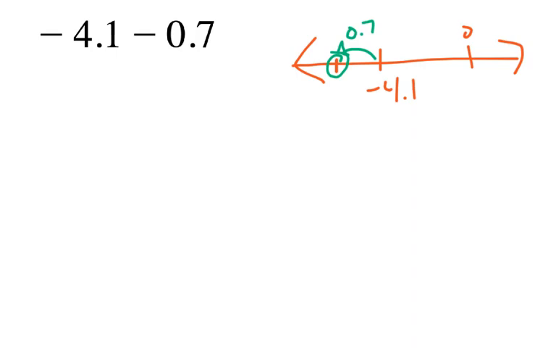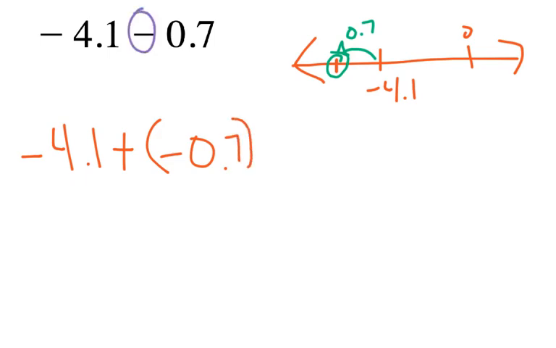So you can figure out what this point would have to be. The other way that you could think about it is this is the same as negative 4 1/10 plus negative 7/10. So remember, subtracting is the same thing as adding a negative. So here I turned this into adding a negative. And why this helps me is now I can just say, okay, I've got negative 4 1/10 plus negative 7/10.